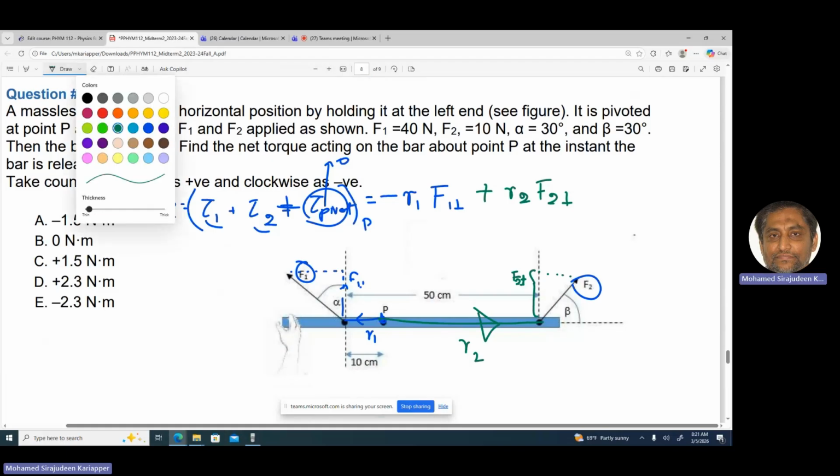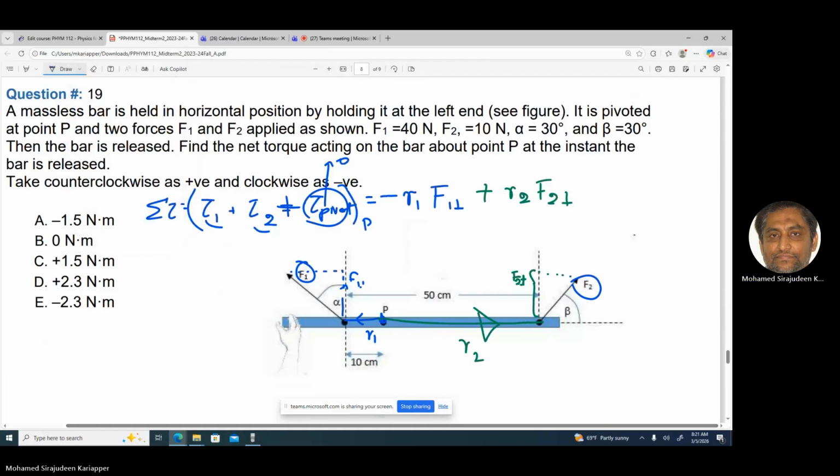Now let me put the values in. Somebody help me. R1 is 0.1. So please remember, because we need SI units, we just have to convert the centimeters to meters. 10 centimeters will be 0.1 meters, and F1 perpendicular will be 40 sine alpha. That's another thing.